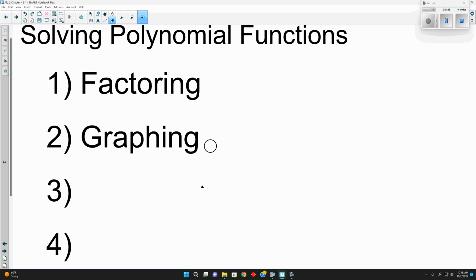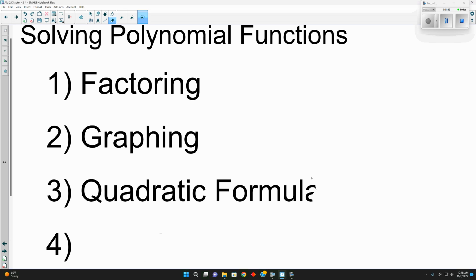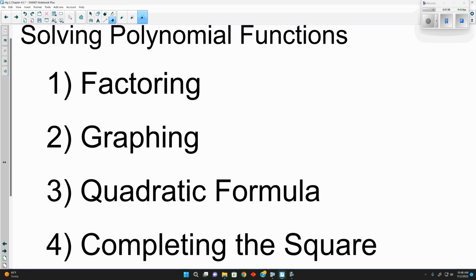The third method is using the quadratic formula. And the last way is completing the square. So we have factoring, graphing, quadratic formula, and completing the square. These are the four main ways that we have to solve quadratics as well as higher degree polynomial functions.